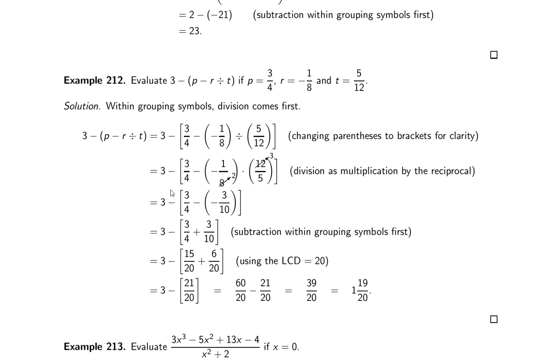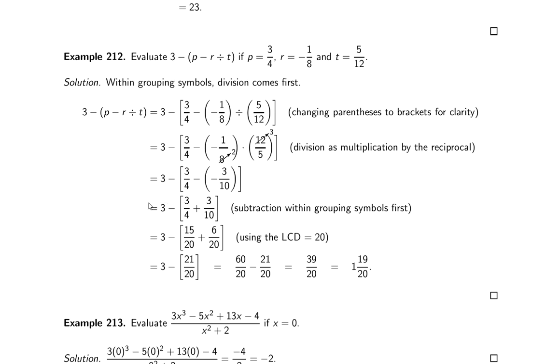You can see these examples can get complicated, maybe too complicated. You can follow through the steps here. Just substitute the fractions and then use the order of operations. Here we have to do what's in the parentheses first.